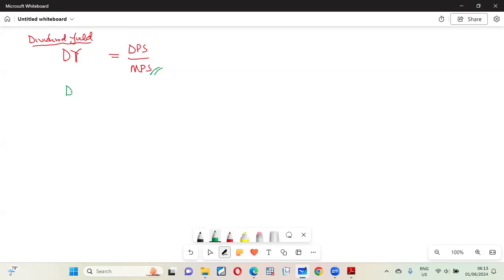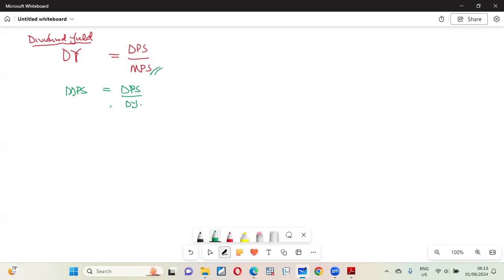So by change of subject, the MPS will be given by, if you do your change of subject where you realize that it is DPS over DY.